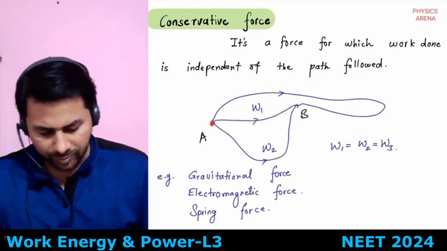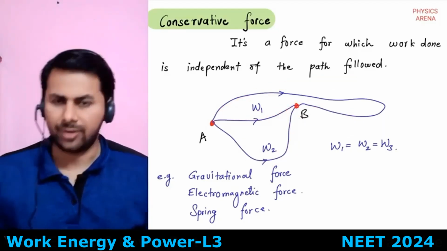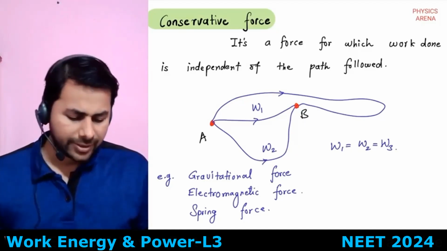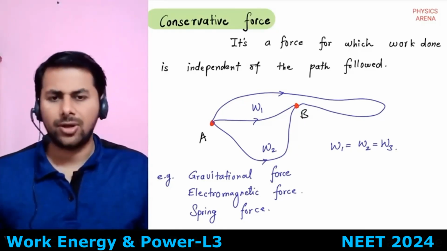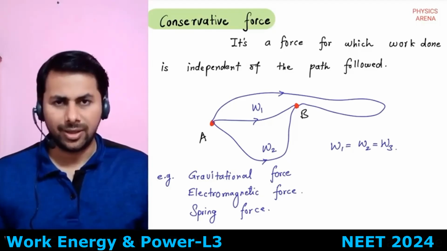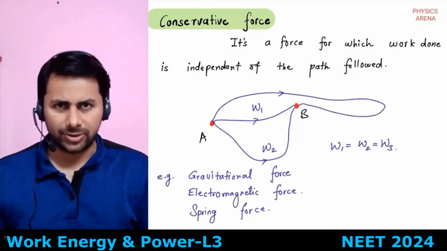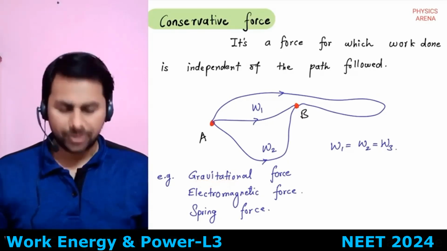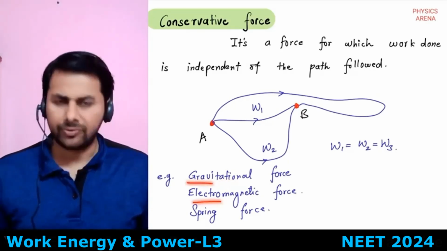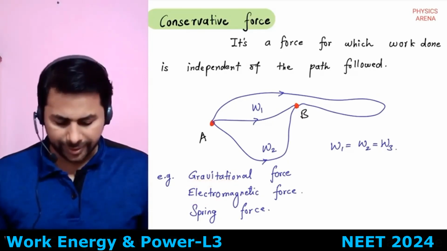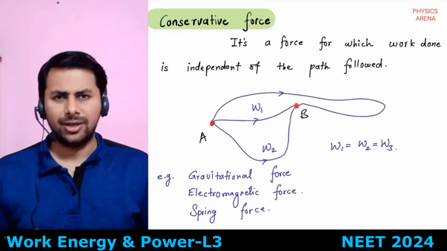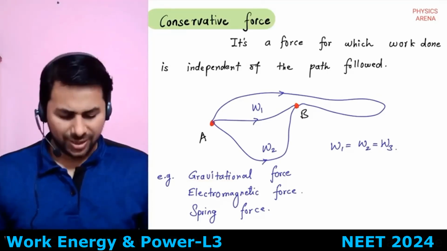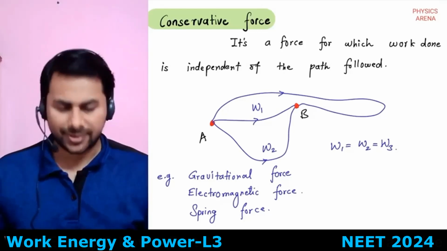You're moving it from point A to point B. So you can take several paths, and work done along all those paths will be equal if this force is a conservative force. What are some examples of conservative forces? One is gravitational force, one is electromagnetic force, one is spring force, etc. So these are the conservative forces.